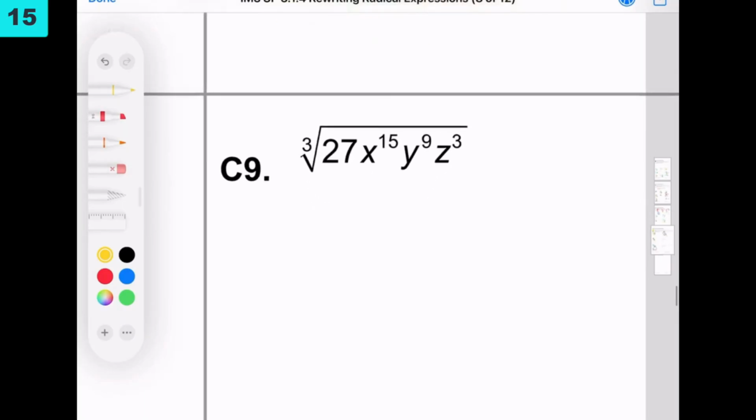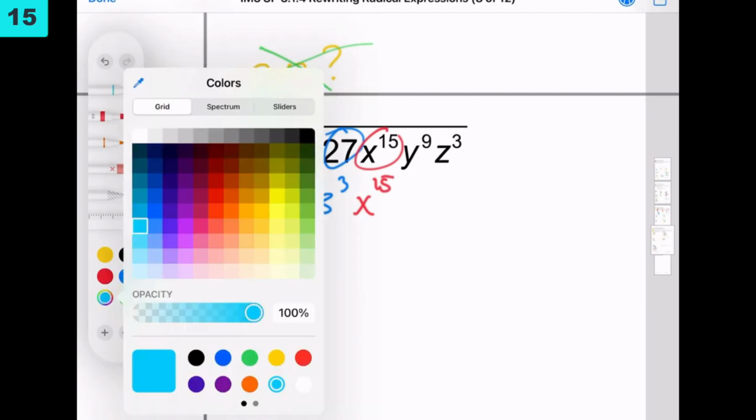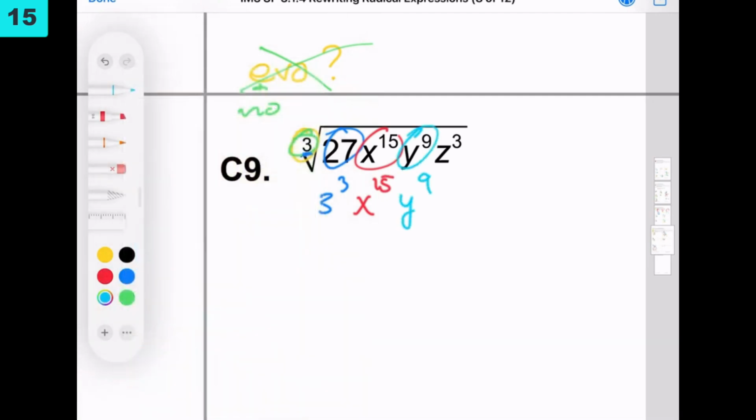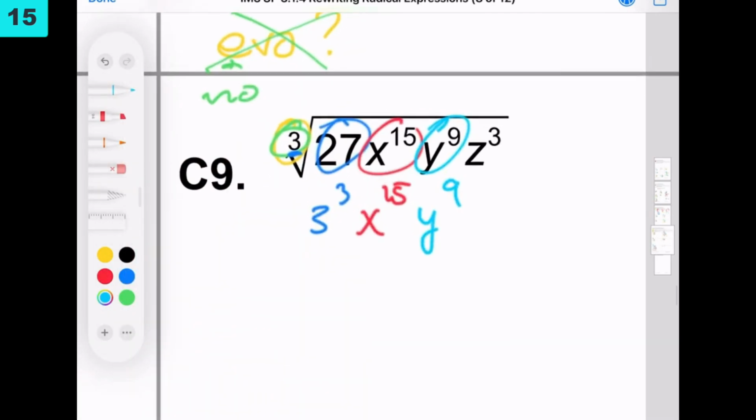Okay, number 9. Does EVO apply to us? Is that an even? The answer is no. So no EVO. Let's go ahead and break this up here. 27. Remember, it says to the 3rd power, so I'm going to do 3 to the 3rd power. This will become x to the 15th. You could just repeat these. Y to the 9th. And z to the 3rd.